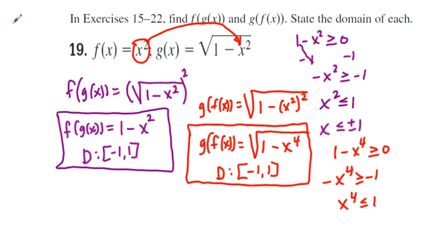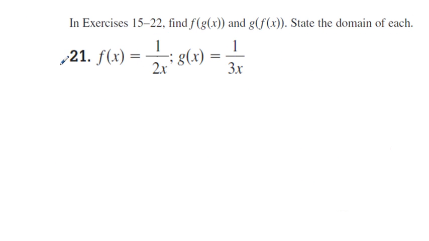Okay, let's go ahead and look at problem 21, the last one we'll do in this set. We have f of g of x. We're going to take this function here and replace this, and we know that x cannot equal 0. That's going to be it no matter what we come up with.